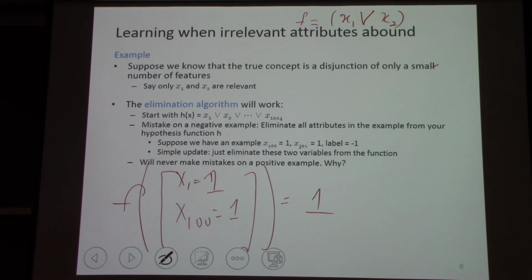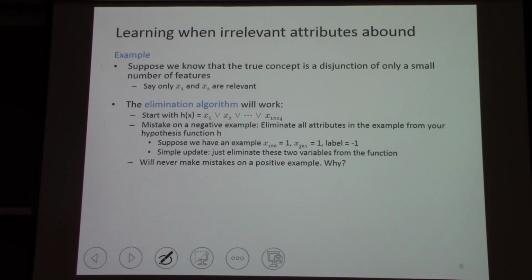H is this function. It has x1, right? Which means it will say 1. It cannot say false to any input that has the relevant variables. Is that clear? But that's just a side point.